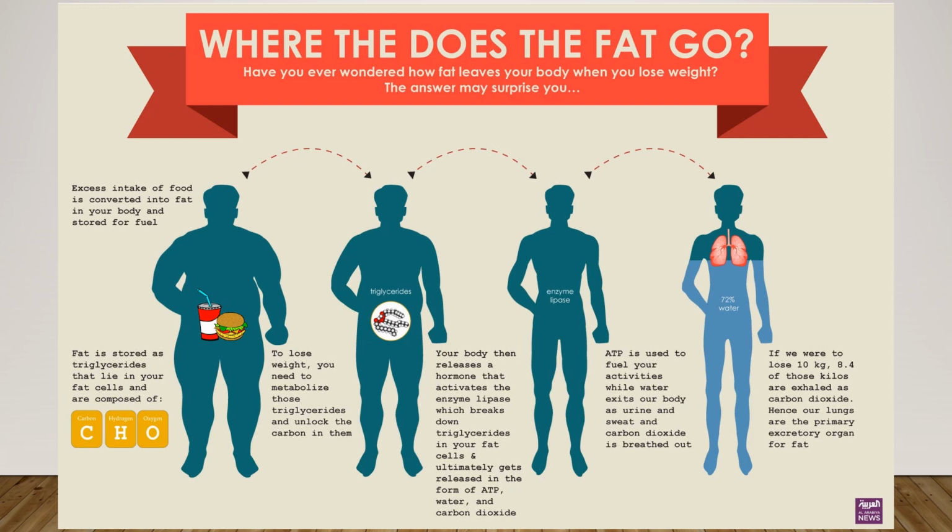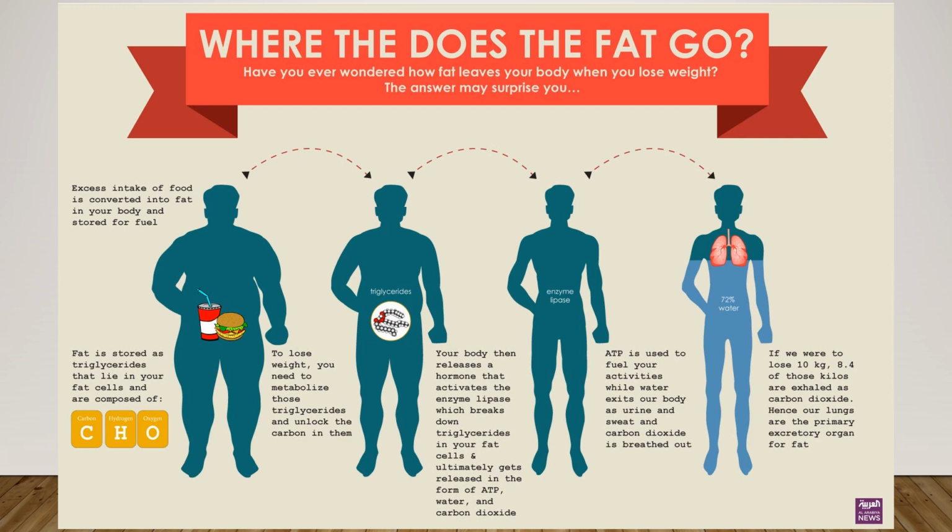And the last one is carbon dioxide. When we breathe in, we breathe in oxygen, and we breathe out carbon dioxide. So your fat gets out in three forms: ATP as a fuel, urine and sweat because it turns into water, and carbon dioxide which you breathe out.